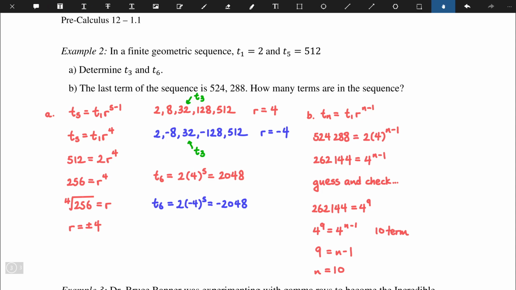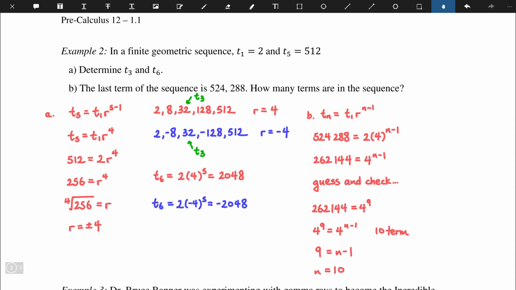Okay, so notice that since here the 10th term is positive, then r must have been positive as well, which kind of gets rid of the ambiguity that we saw in part A, but it's kind of counterintuitive how it works. Like we have to do part B to determine which r was in part A. That's generally what we don't want to see in questions because it gets very confusing.